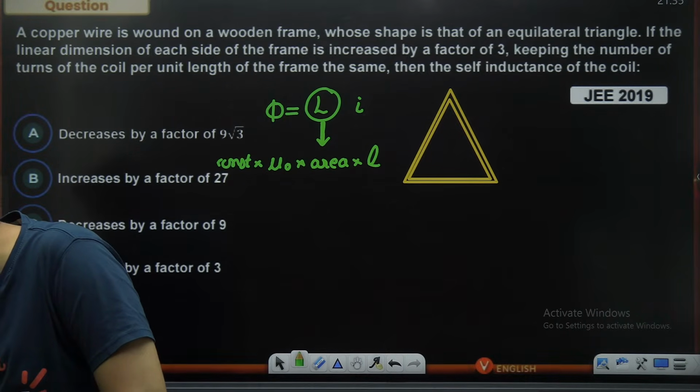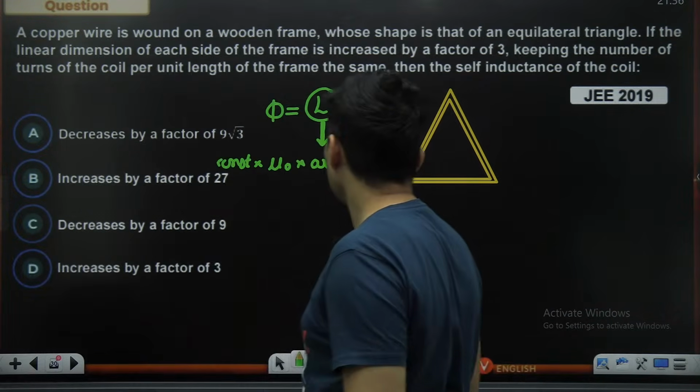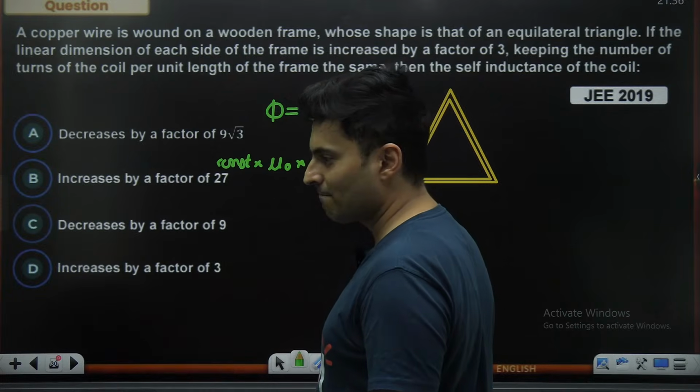What do you think will happen if all the linear dimensions of the frame are increased by a factor of 3?